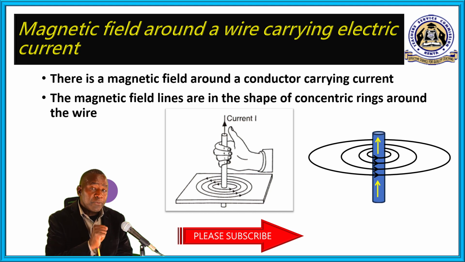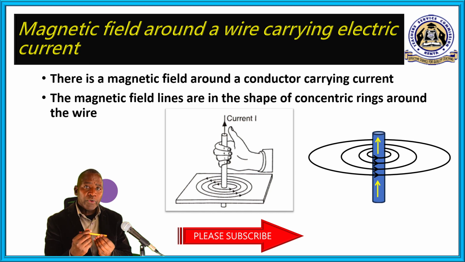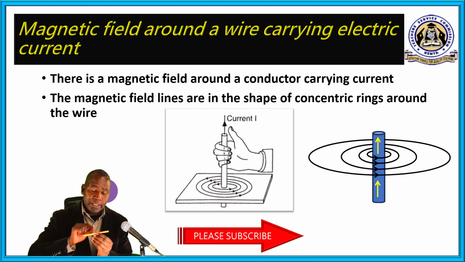We've also been able to see that the direction of the magnetic field depends on the direction of the current through the wire. If you reverse the direction through the wire, the magnetic field is immediately reversed. When we are looking at a conductor carrying current, if it's carrying current into the paper, what kind of symbol do we use?